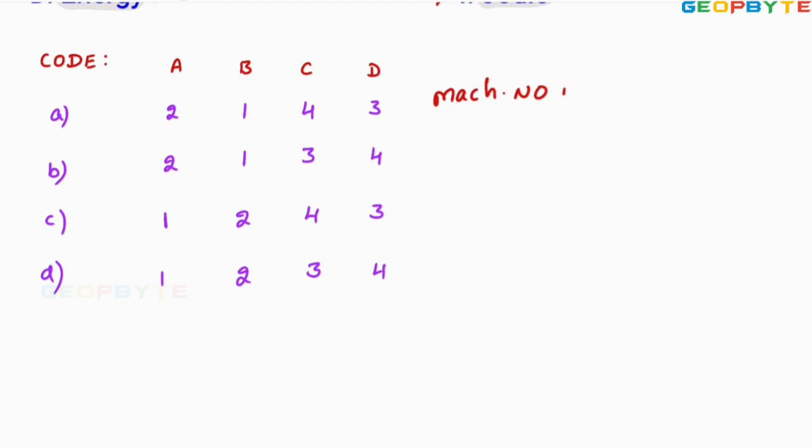Mach number M equals flow velocity by sound velocity.